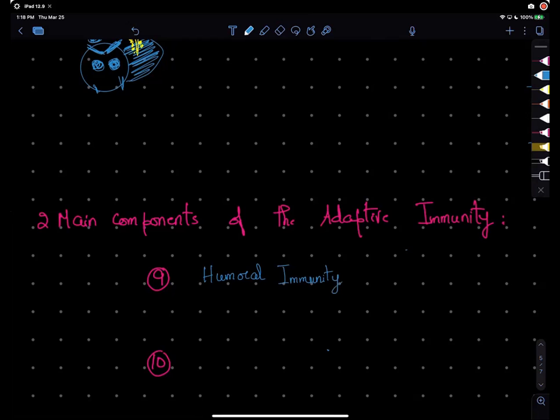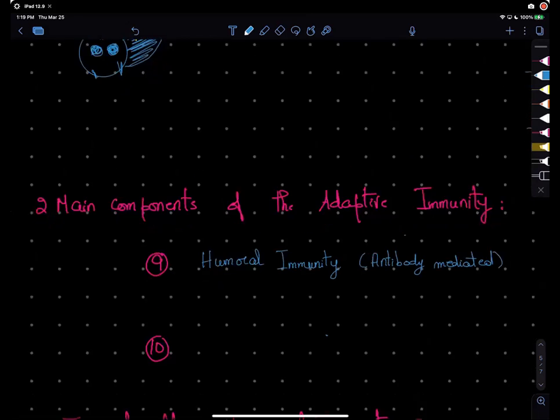Do you remember another name for the humoral immunity? It's the antibody mediated immunity, exactly. It's antibody mediated.